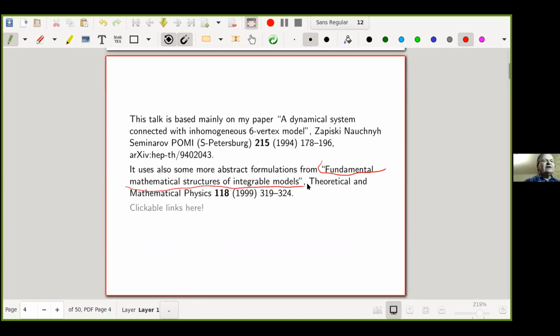In this paper, and if you have a PDF file whose link I have provided in the chat, then you can just click on where I... that paper.